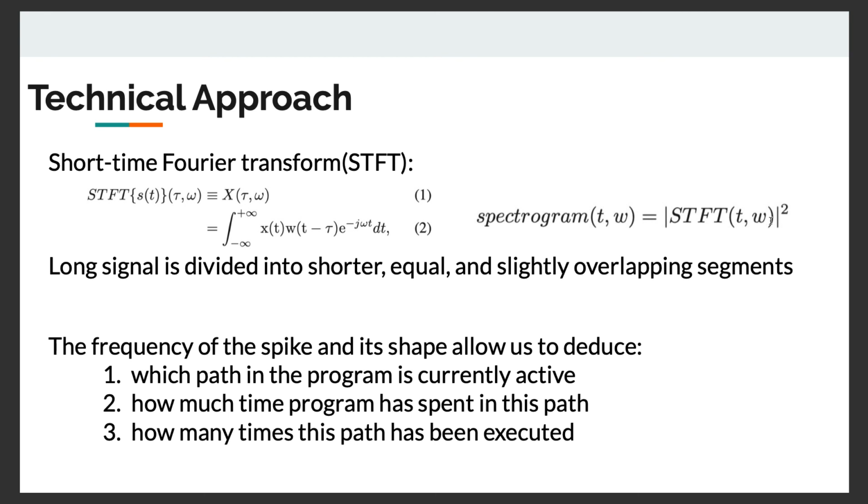First is the duration of each window. If you have a longer window, you will have a better frequency resolution. But if your window is too long, every window will blur all the activities inside it into some frequency spike. So if our window is longer than a loop, we will not be able to observe those changing activities.